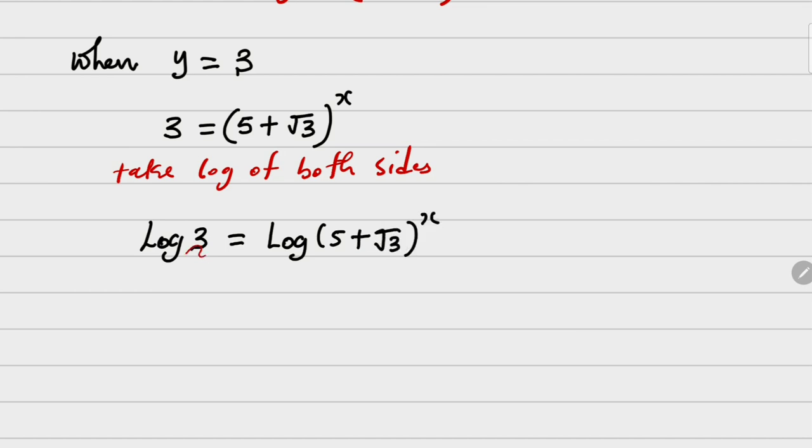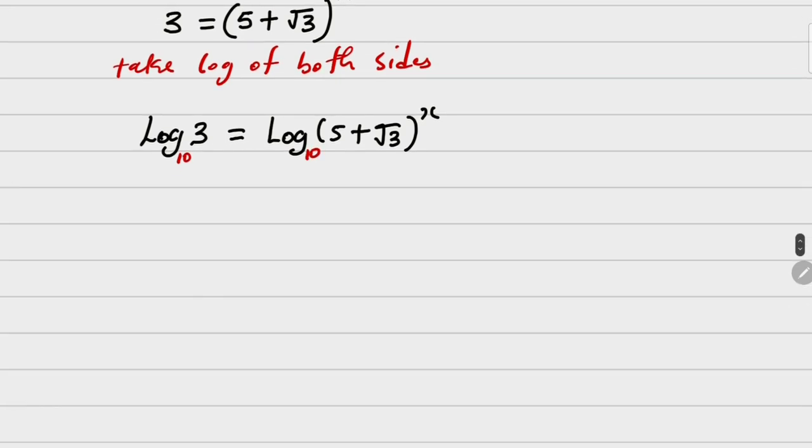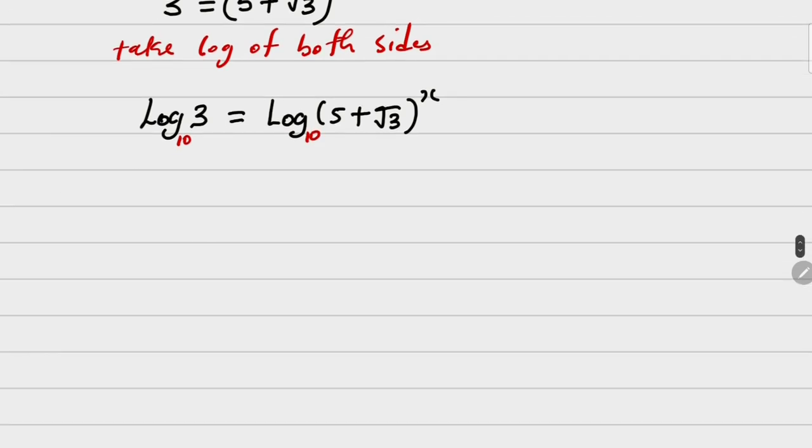Please don't forget, this is the common log, so it has the base of 10. All right. Now, take note of this, that under the laws of logarithms, there is a law that states that if I have log of y raised to power n base x, then it is as well written as n log y base x.